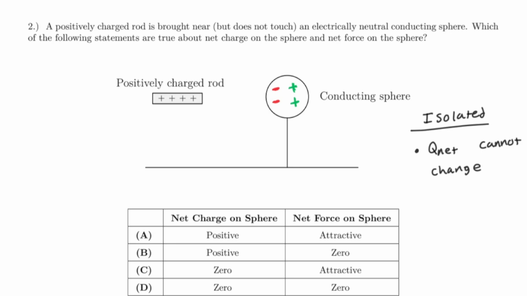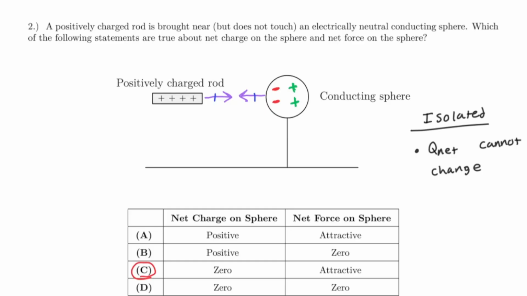The negative charges will exert an attractive force on the rod, whereas the positive charges will exert a repulsive force. But since the negative charges are closer, we'll get equal attractive forces from each object on the other. So this answer is C.